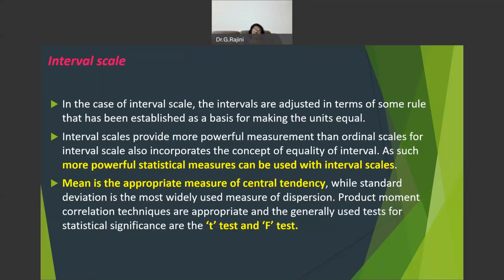So when you come out with the scale itself, you can understand what type of test and what type of measurements you are going to have. Standard deviation is again the most widely used measure of dispersion here. So the product moment correlation techniques are also appropriate. The generally used test for statistical significance is t-test or f-test. So f-test is ANOVA. Okay.